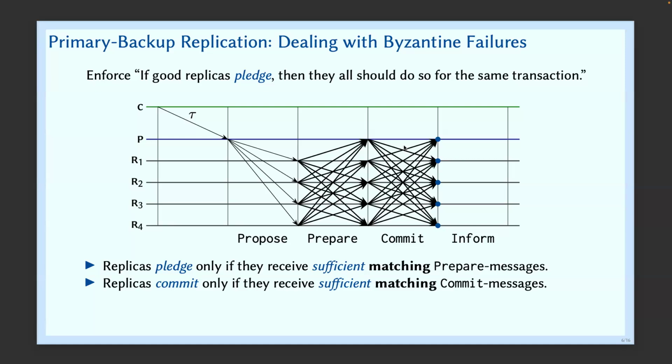Okay, but how come the same argument as before doesn't hold here? We said that if you are the only one who reached the prepared state, you cannot unilaterally tell the client. How is it that here I can now unilaterally tell the client without knowing if everybody else is committed?